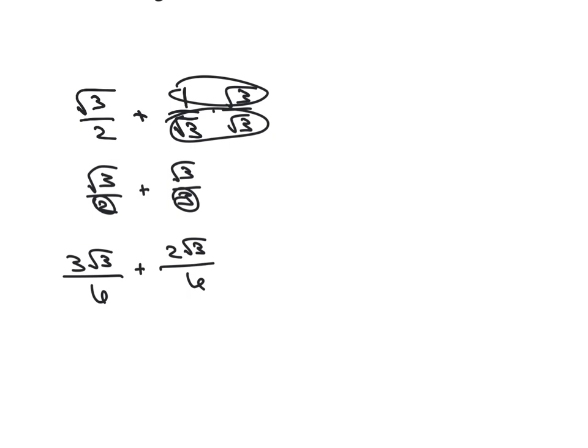But since I cannot combine the 3 with the square root, I leave it just like that. But because my numbers under the square root sign are the same and I have a common denominator, I can make this 5, 3 plus 2, square root of 3, all over 6. And I'm done. Okay, that's it for 6.4.